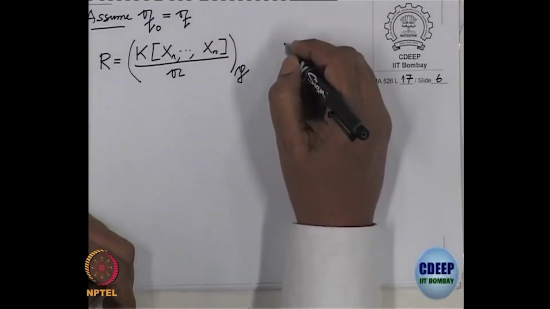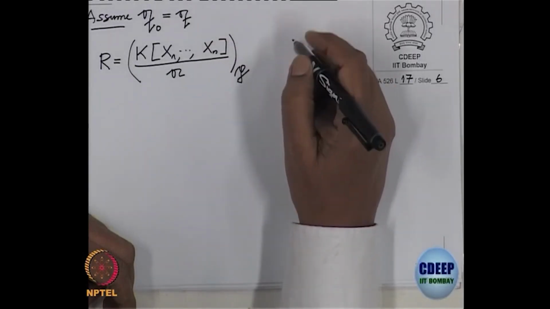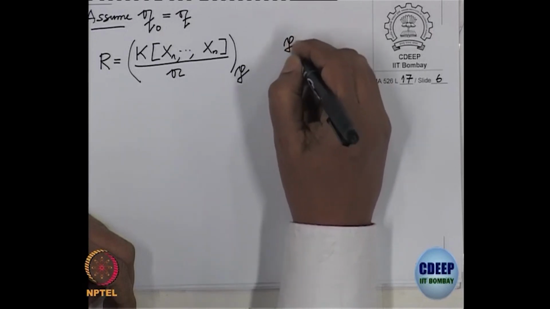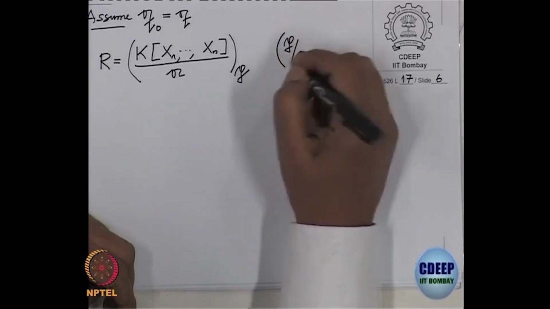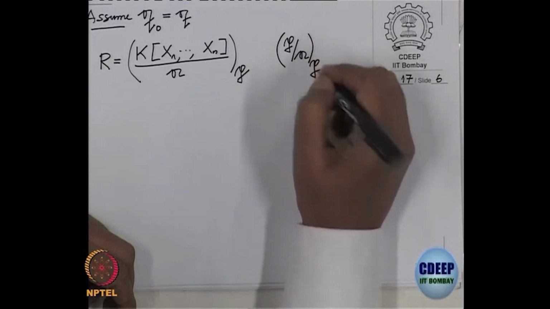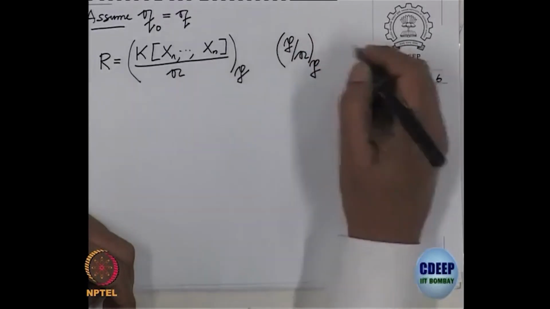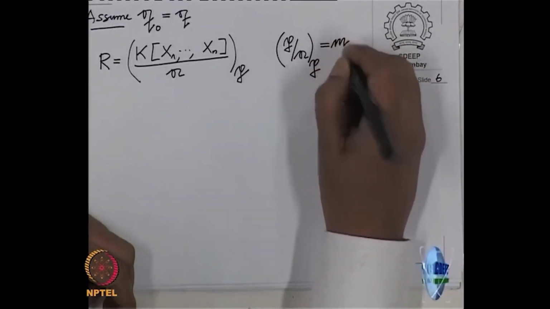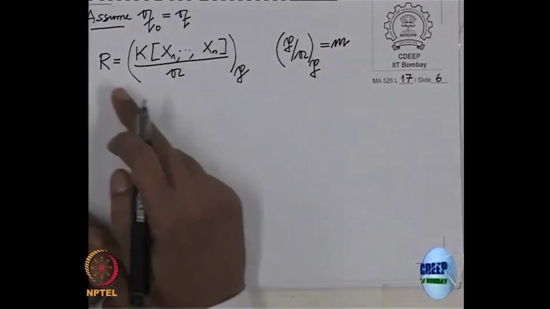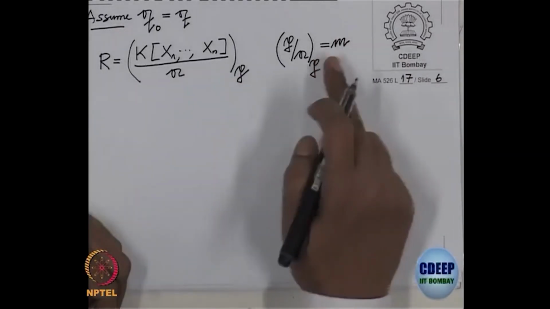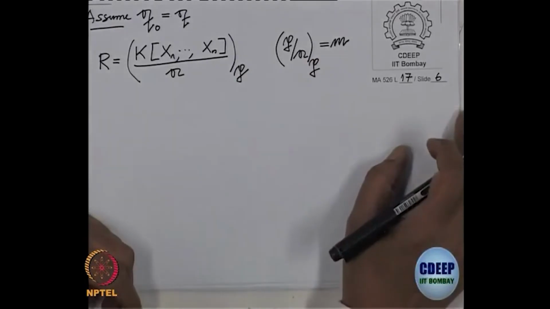The maximal ideal is P mod A and then localized at P. This I am going to denote by M. So we are interested in when R_M is a regular local ring.